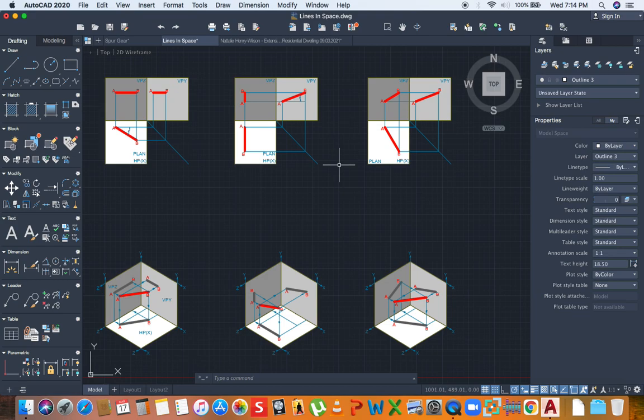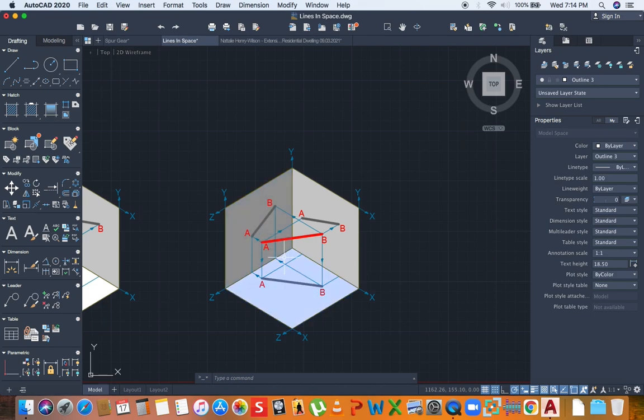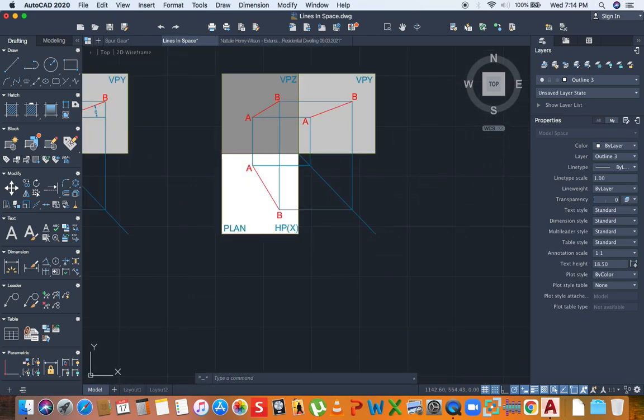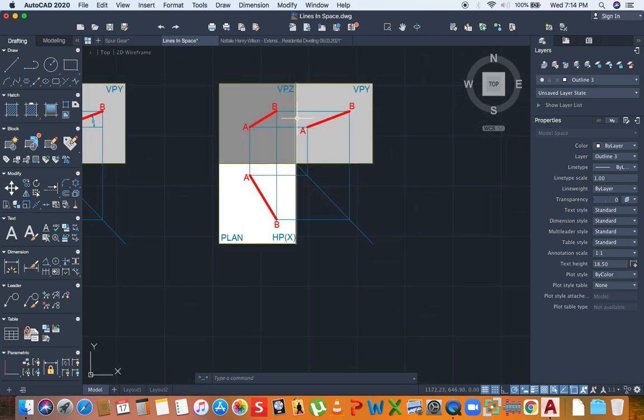So in future videos I will show you how to use a graphical method to find the true length and the true slope of a line that is not parallel to either axis, right? There are multiple methods that can be used, and in the next video we will go through those methods. Further videos in this series will go through those methods.